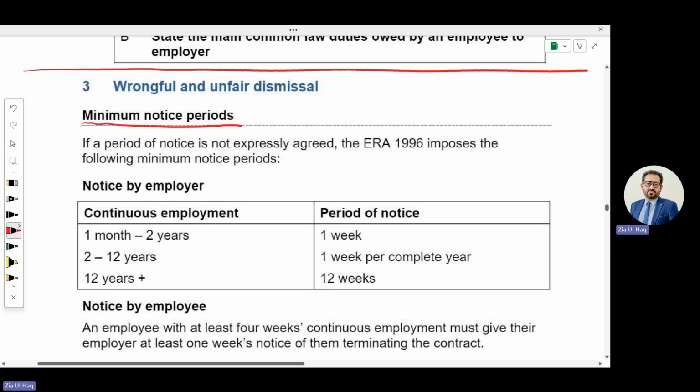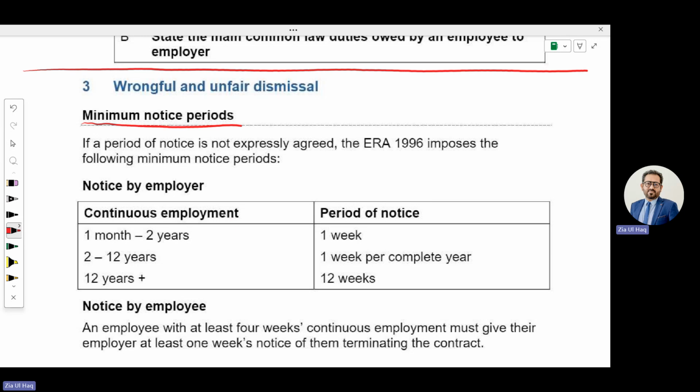If a period of notice is not expressly agreed, normally it is agreed in the express terms of the contract of employment. But if it is not expressly agreed, meaning the notice period term was not written there, then ERA 1996 imposes the following minimum notice period.